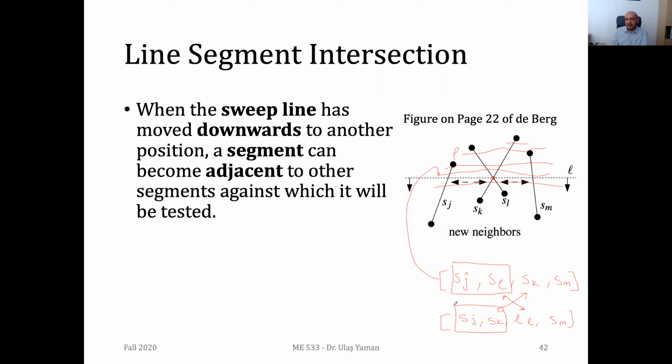And also we need to do a check between, I'm sorry, this should be S obviously, SL and SM, since they are new neighbors. Before this intersection point, they were not neighbors, so we didn't check them. But after the intersecting point, we have a new neighborhood, so you should be checking whether there's an intersection between SL and SM.